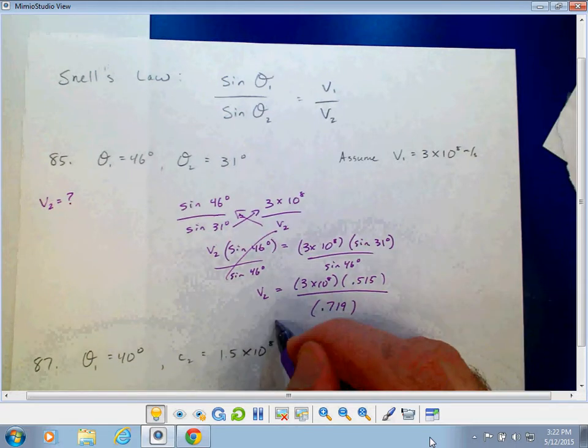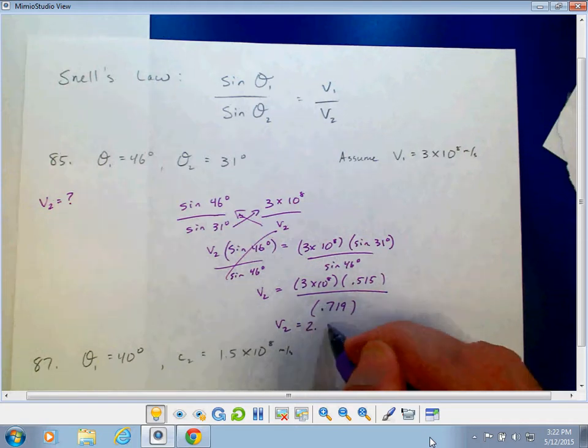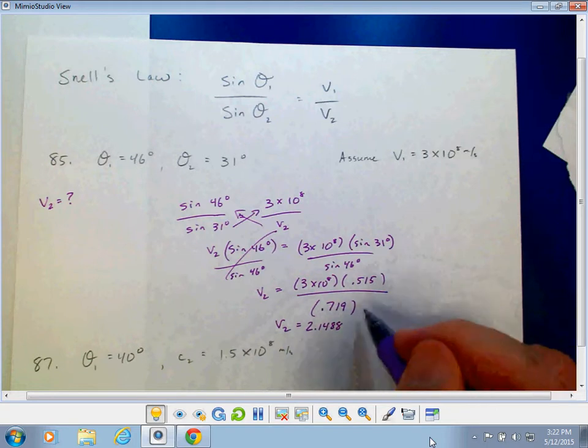And so if you work this out, you're going to get a second velocity that is 2.1488, we have a long number for now, times 10 to the 8th.